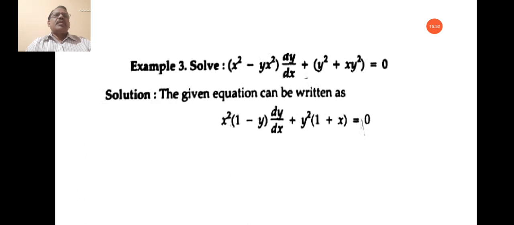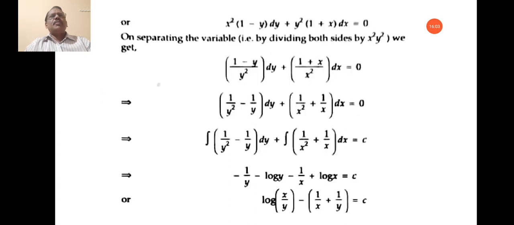So the given equation becomes x²(1 − y) dy/dx + y²(1 + x) = 0. This equation becomes x²(1 − y) dy + y²(1 + x) dx = 0.